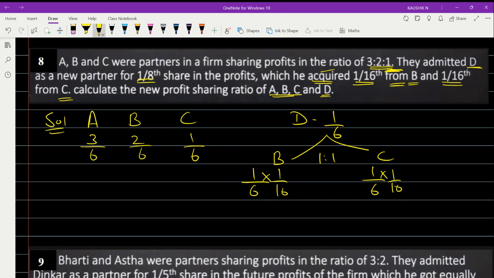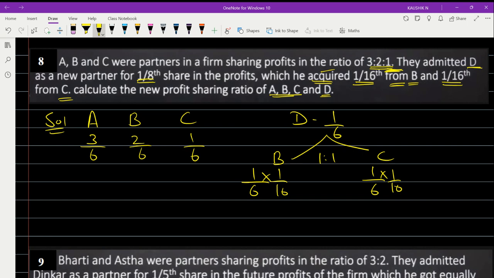When you do the further calculations, you'll get the value for A, B, and C. 6 into 16, how much will you get? Calculate it, and then substitute it in the new ratio. Very good, correct. So 48 will be the LCM. This is how you have to execute it.